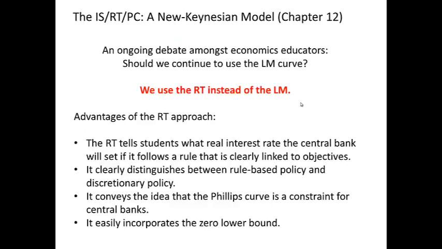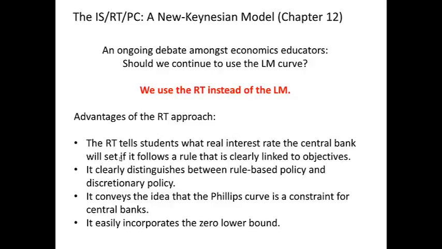Now, you may know that there's been an ongoing debate amongst economics educators: should we continue to use the LM curve? Well, we're going to use the RT instead of the LM. What are the advantages of the RT approach? Well, first of all, unlike the LM, the RT explicitly links the interest rate chosen by the central bank to some of its policy objectives.